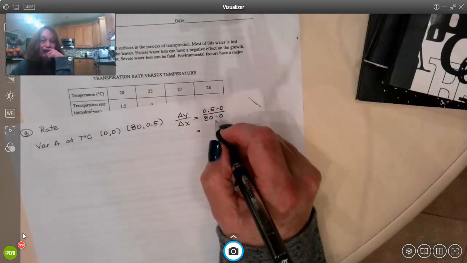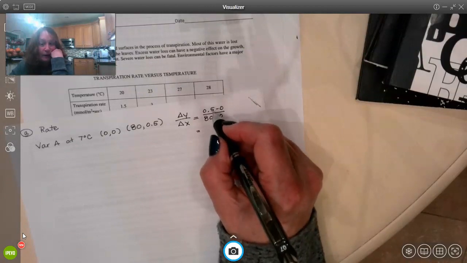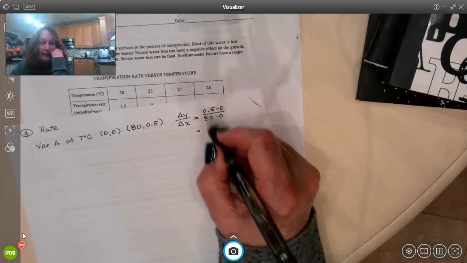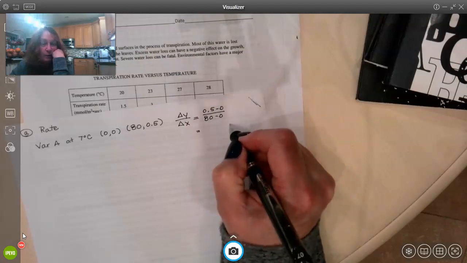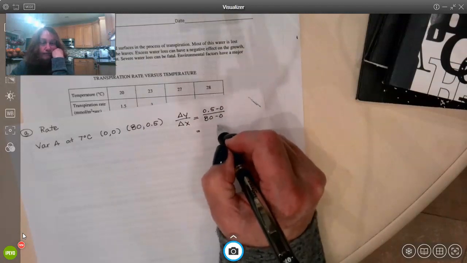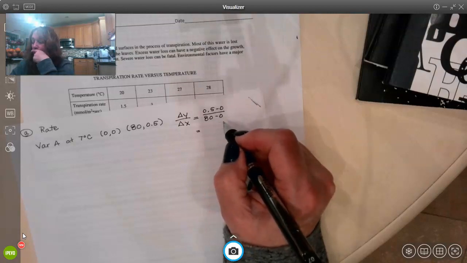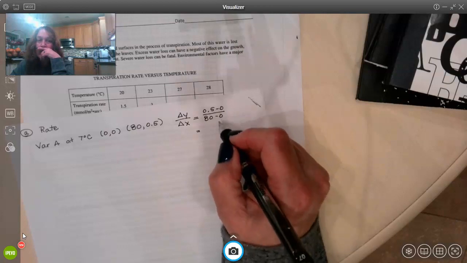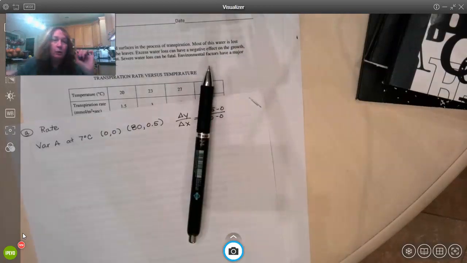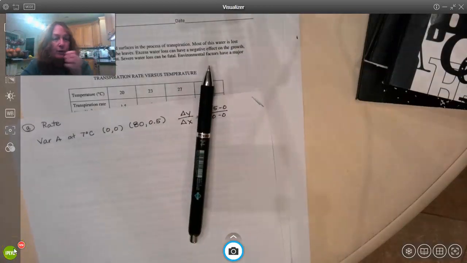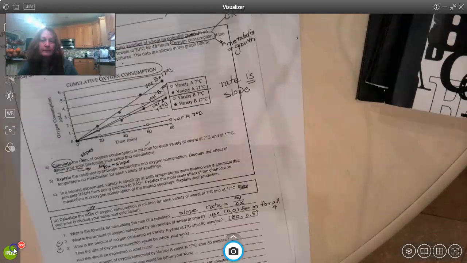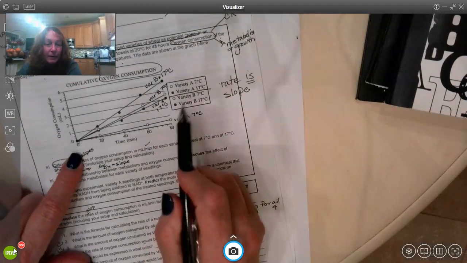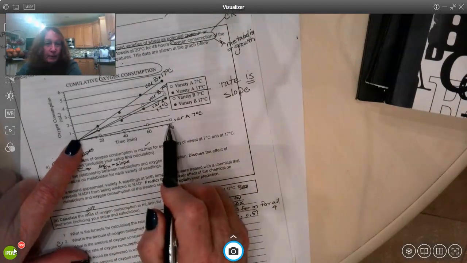Now, this is super weird. You're going to want to put this in your calculator, and you're going to want to get some decimal. Okay, so here's what I'm trying to say. You don't have to pick the extremes for your points.